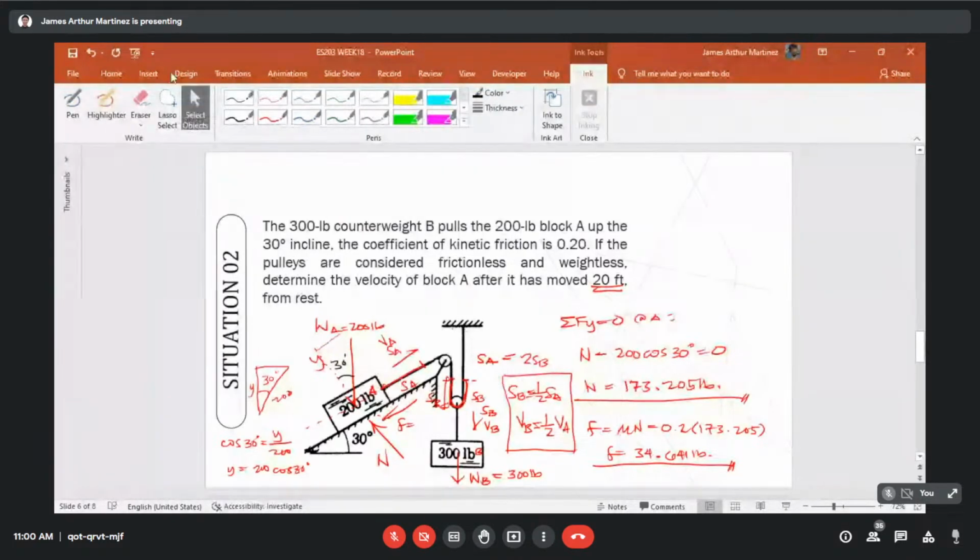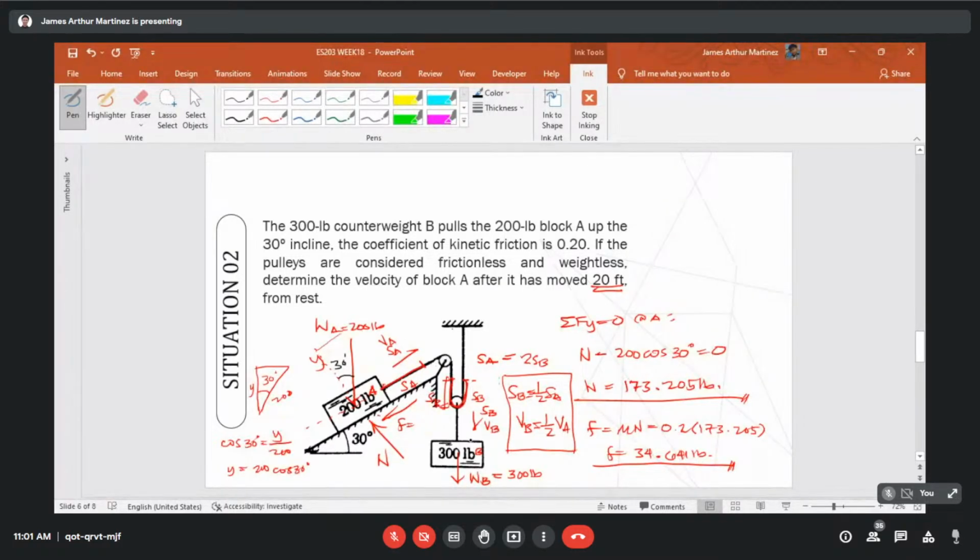So if we look at block B, what are the forces involved? Only weight B, right? And since the axis of the displacement is on the y-axis, we will sum up forces on the y-axis. And the only force acting on the y-axis is the weight B, right? And it is positive sign convention since the direction of motion is downward.